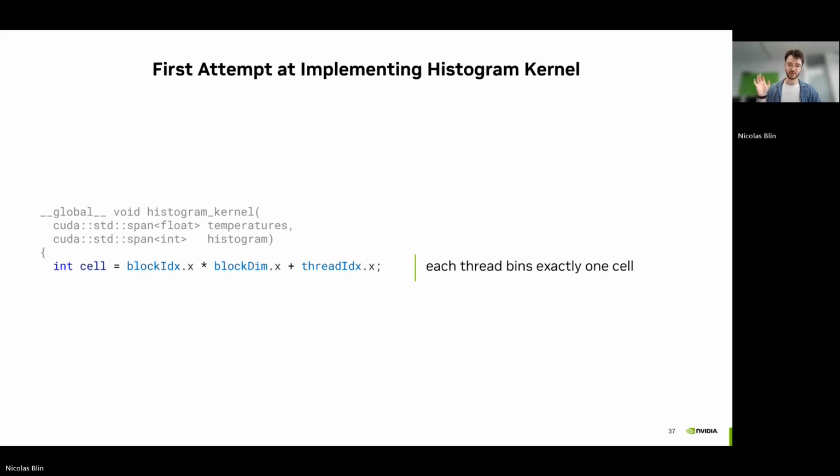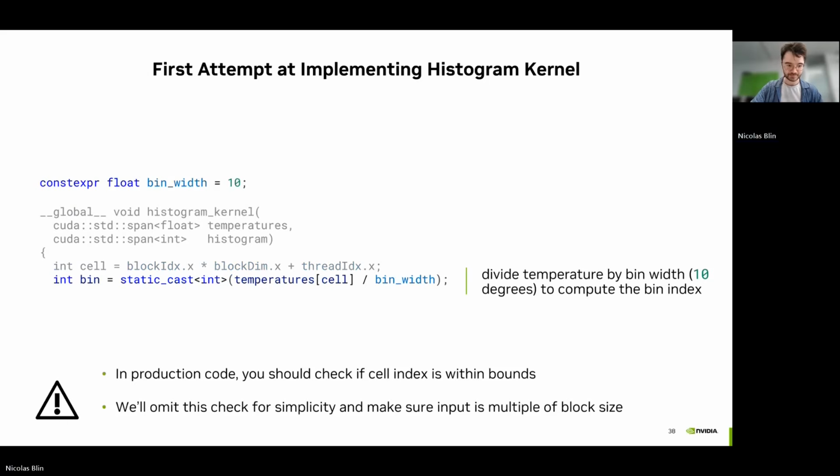So with both the temperature and histogram passed to our kernel, again, we just need to compute our global thread ID using the same formula as always, with the block ID, the block dim, and the thread ID. And then each thread will load its corresponding temperature value and divide it by the bin width. In our former example, it was 10, but here it might be different.